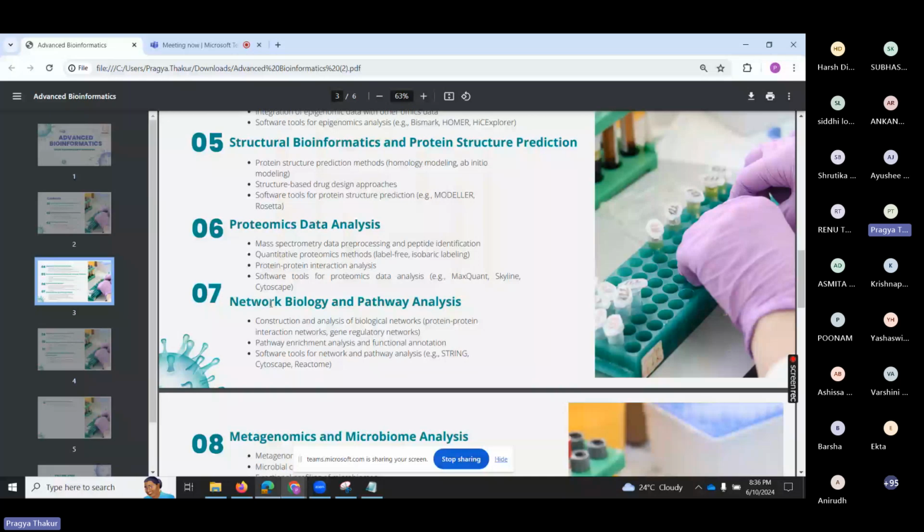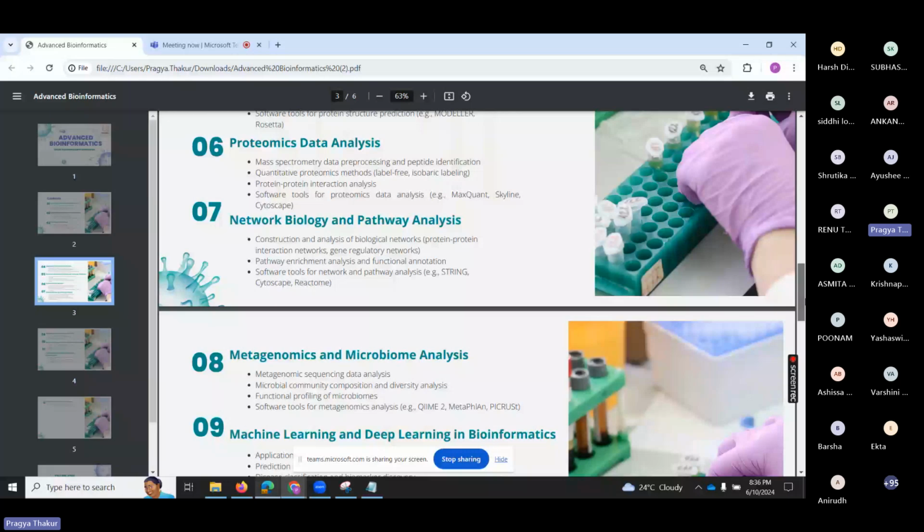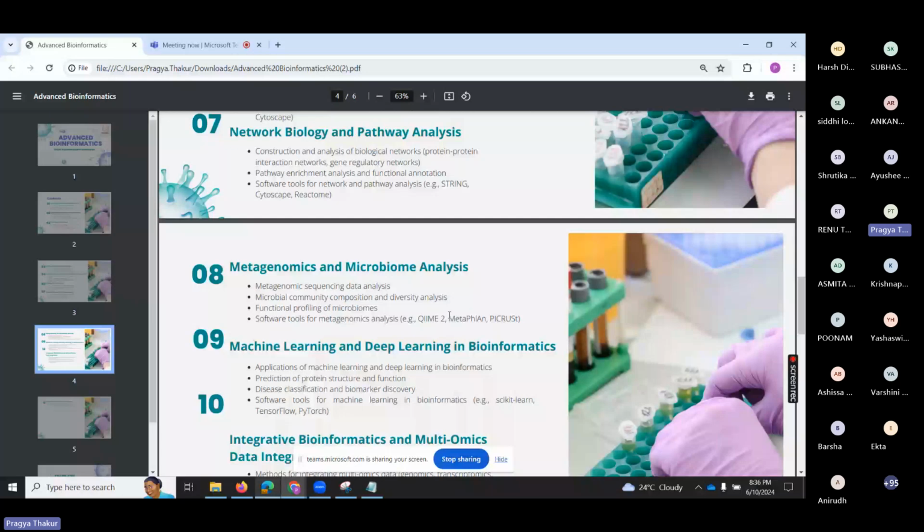Then metagenomics and microbiome analysis. There are software like QIIME 2 and MetaPhlAn. These are very upcoming tools. Metagenomics is a very happening field, and it is basically used to analyze sequences related to microbiomes.